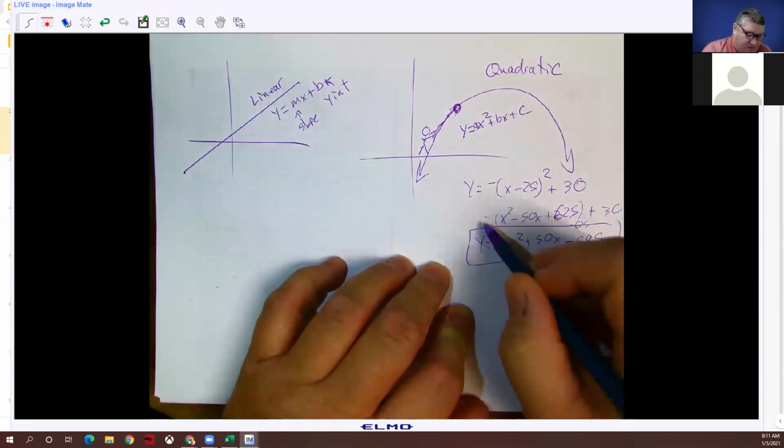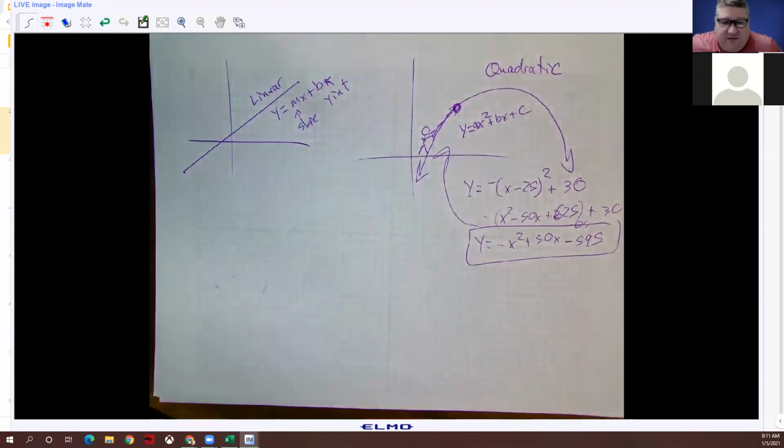That would be the equation of that graph right up there.